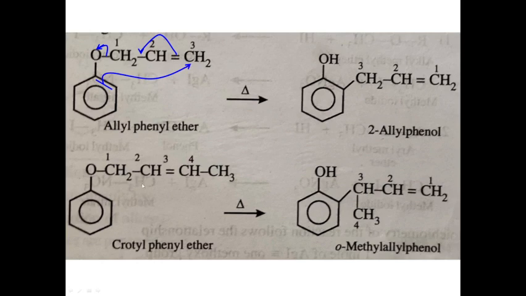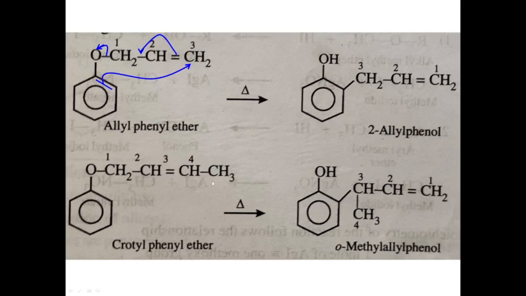If we consider another molecule, this is crotyl phenyl ether, where the crotyl group is CH3-CH=CH-CH2, and then the phenyl group here. This compound is crotyl phenyl ether, and this is also an example of a thermal rearrangement reaction. Here also the carbon-carbon double bond is here.